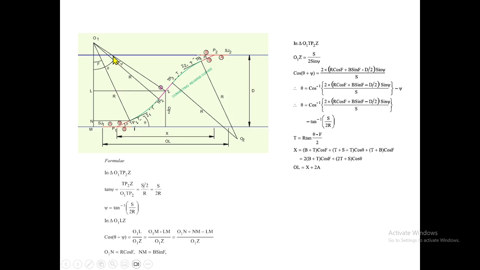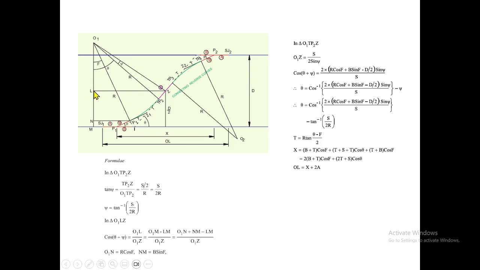So cos of theta plus psi equals adjacent side by hypotenuse. The adjacent side is O1L divided by the hypotenuse O1Z. So now we first have to find out O1L.